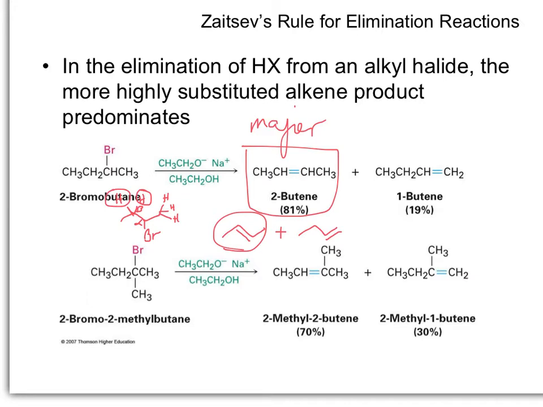When you take a look at the second case, which is the case of a tertiary halide, it's the same story or similar story. So that's one alkene, and this is another alkene. And again, the major product is your more substituted alkene in this particular case. But the reaction mechanism that we see in both of these is going to be different. And like I said, that's what we are going to discuss in the next couple minutes.